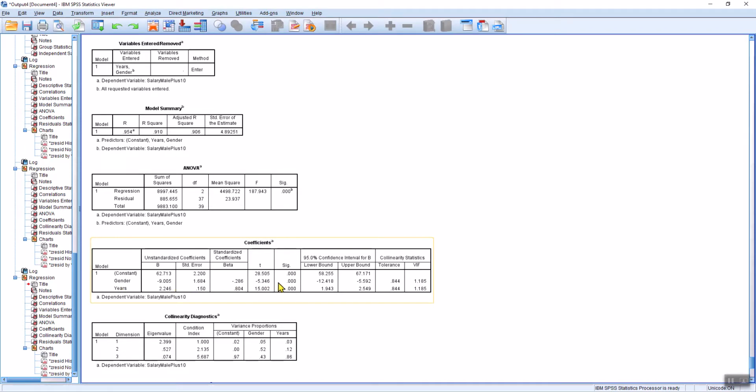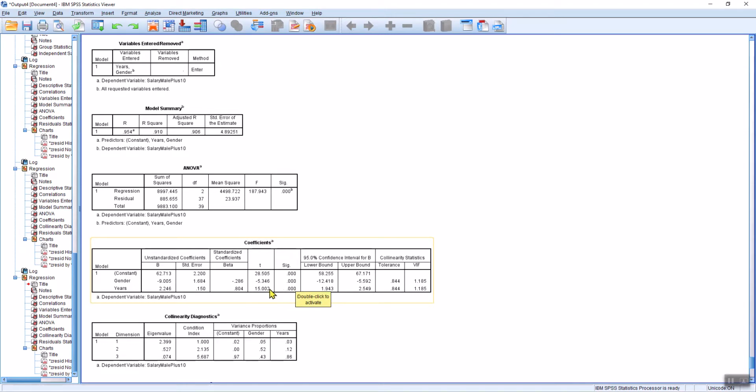Gender is significant. In spite of the fact that years with a company is such a pronounced, gigantic predictor of outcome and salary, giving every male 10,000 a year causes the model to retain its significance in terms of gender being a significant predictor of salary. So that's evidence.